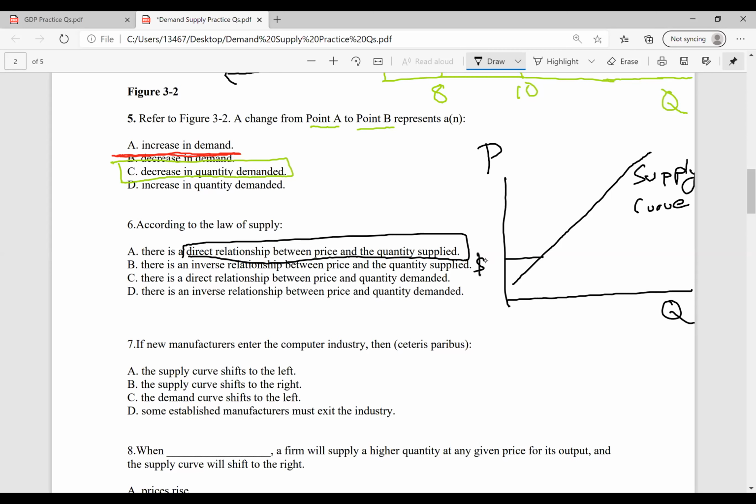When the price increases, these are just random numbers, don't worry about the numbers here. Quantity supplied increases because who is on the supply curve? We have sellers on the supply curve, and the sellers, their motive is to maximize profit. So they want to sell more when price increases. Okay.